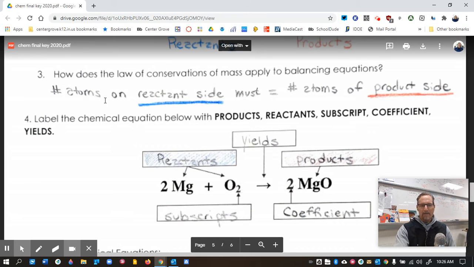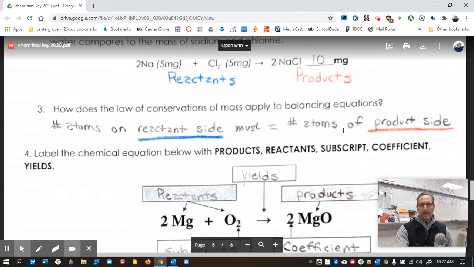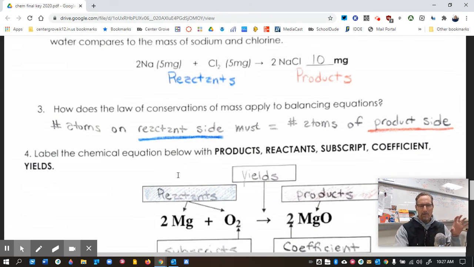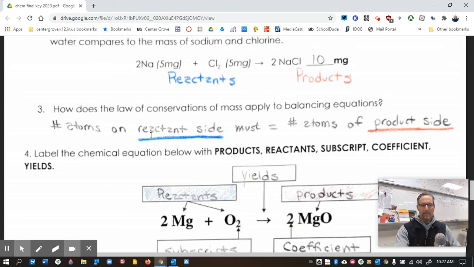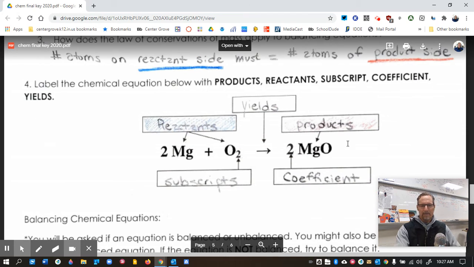The number of atoms on the reactant side must equal the number of atoms on the product side. We practiced a lot counting atoms, so make sure you know how to count atoms. For it to be balanced, the number of atoms of each of those specific elements must be the same on the reactant side as the product side.